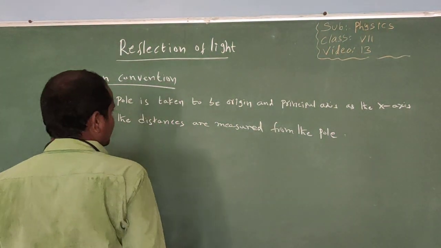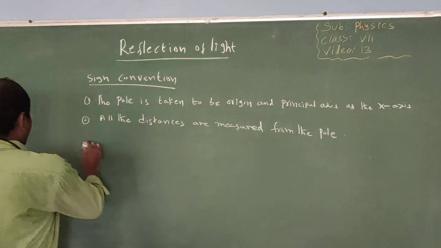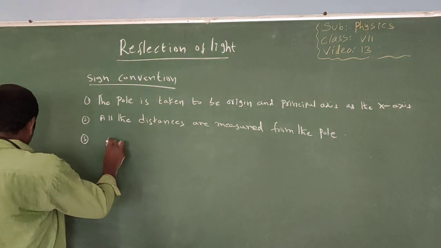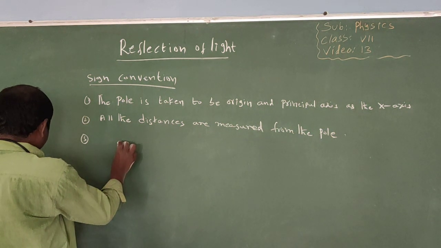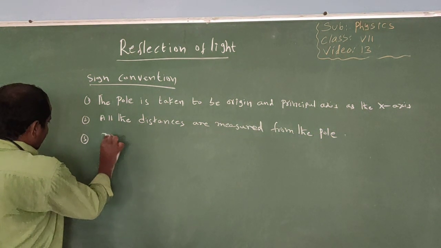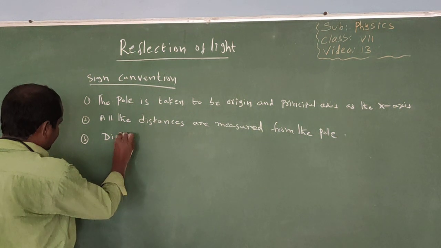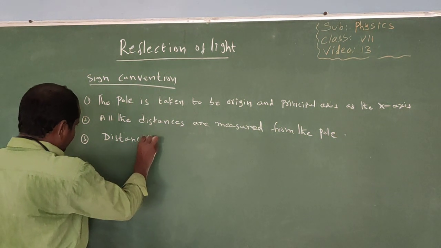All the distances are measured from the pole. The distance measured in the direction of the incident ray is taken as positive.